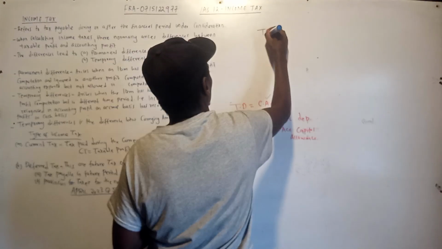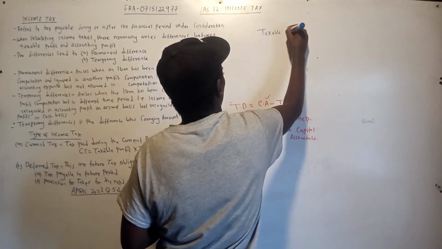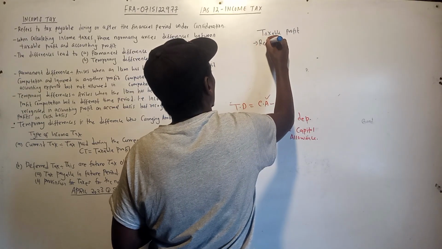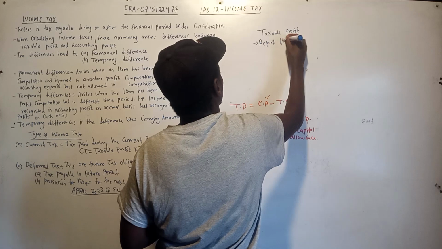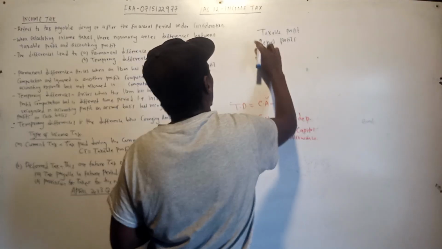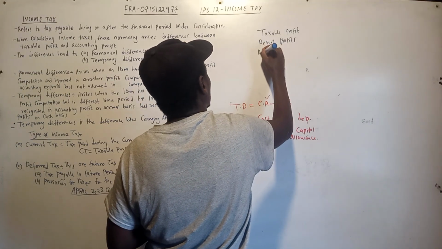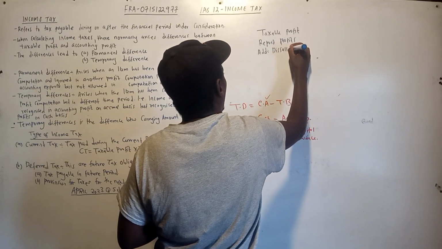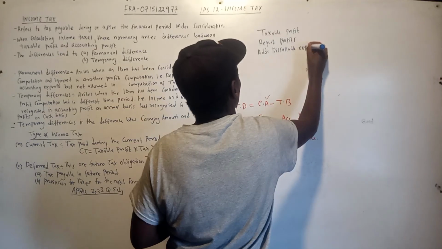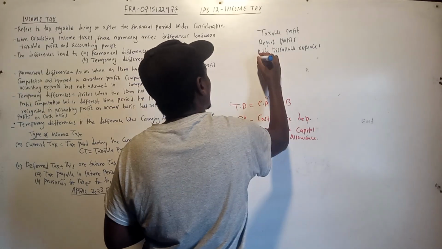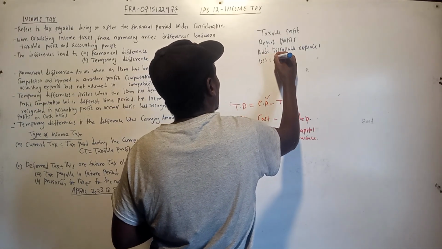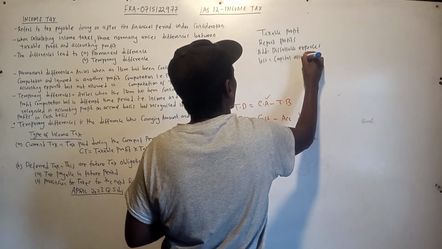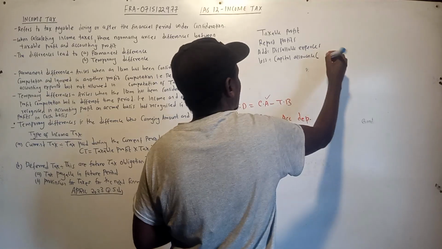From the taxation point of view, taxable profit: we take the reported profits, then we add disallowable expense, then we less capital allowance, and capital allowance is the allowable deduction.